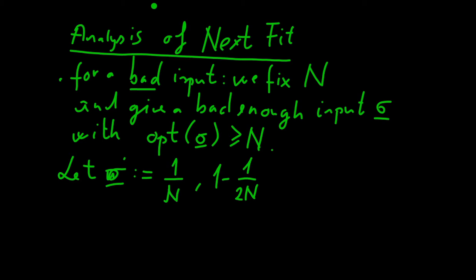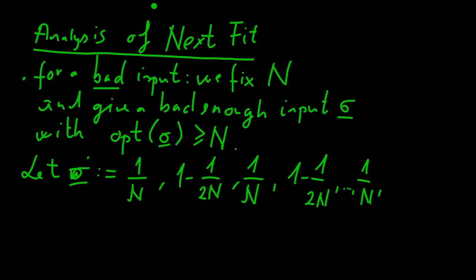So that's exactly our previous bad input example for the case when n equals 5. These two won't fit together, but the small ones would fit together if there are only n of them. So that's our input.